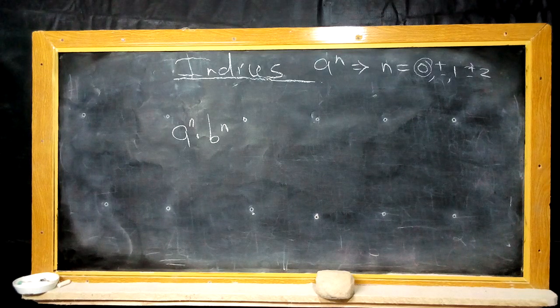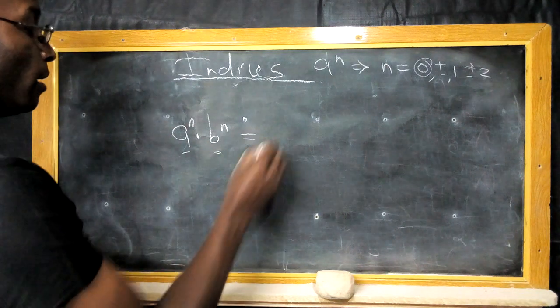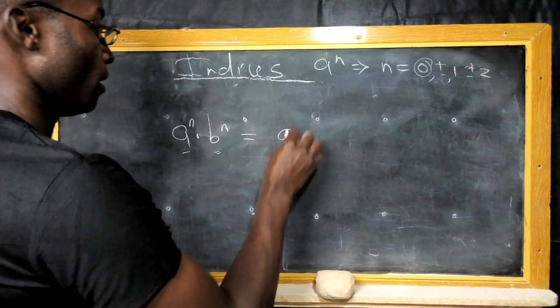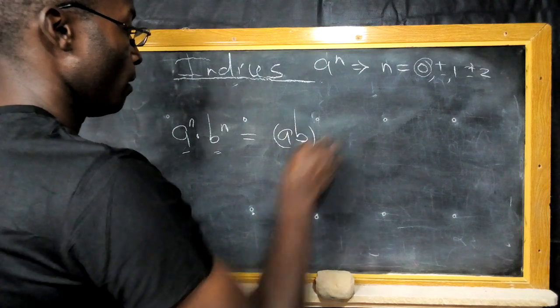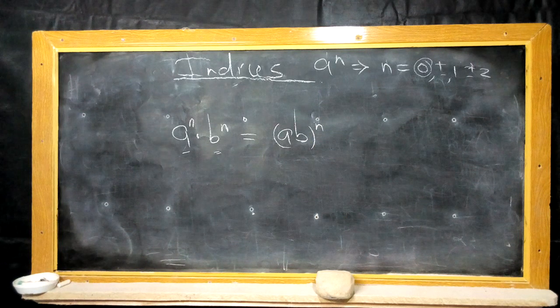The power of products: these are 2 products that have the same power, so we'll have to write it as ab raised to n. In this case this is the power of the product, and we have the same exponent n, so we just write ab raised to power n.